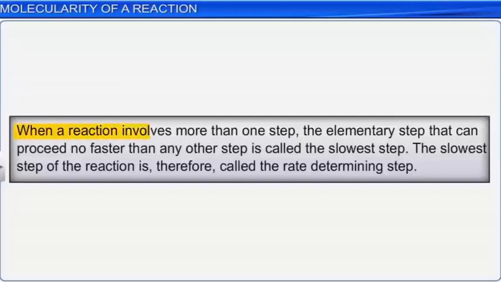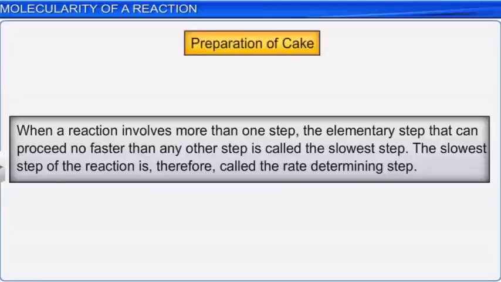When a reaction involves more than one step, the elementary step that can proceed no faster than any other step is called the slowest step. The slowest step of the reaction is therefore called the rate-determining step. This concept can be understood better by drawing an analogy with the preparation of a cake.